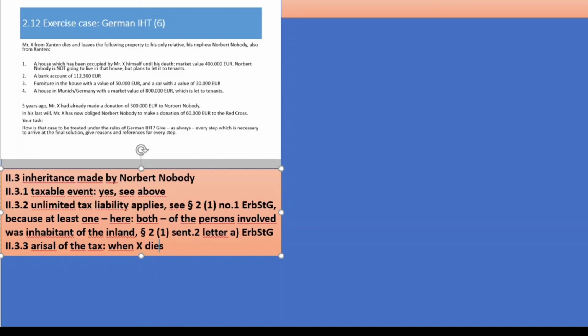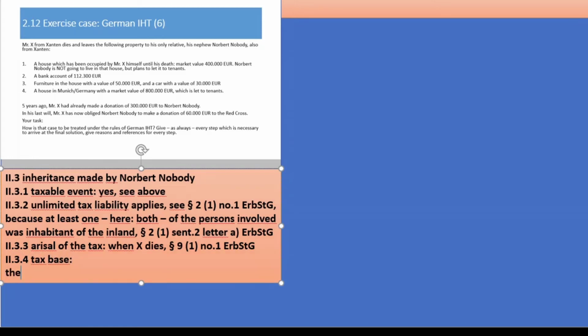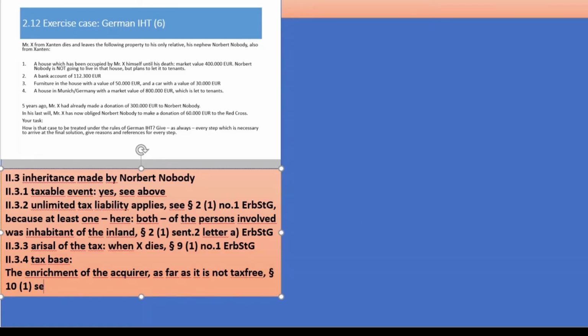So when X dies, that is 9.1, number 1 of the Inheritance Tax Act, the Erbschaftssteuergesetz, and now we come to the tax base. That is the enrichment of the acquirer as far as it is not tax-free. That was 10.1, sentence 1 and 2 of the Inheritance Tax Act.